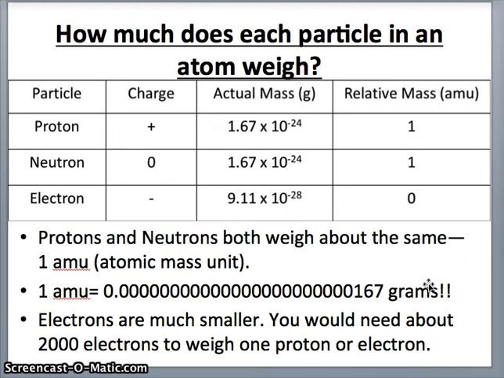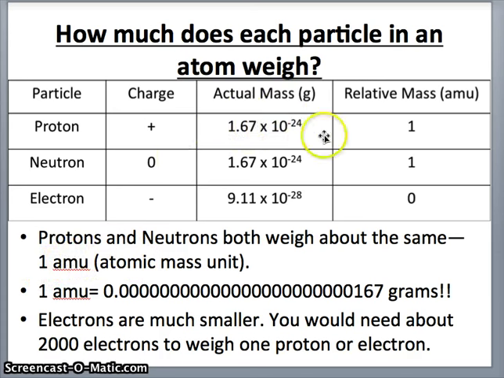So let's talk about these different particles. If you were to compare how different protons and neutrons are in terms of weight, or not weight, I'm sorry, mass, you can see that protons and neutrons are heavier than electrons. So protons and neutrons are about the same amount of mass, and we call this atomic mass unit.